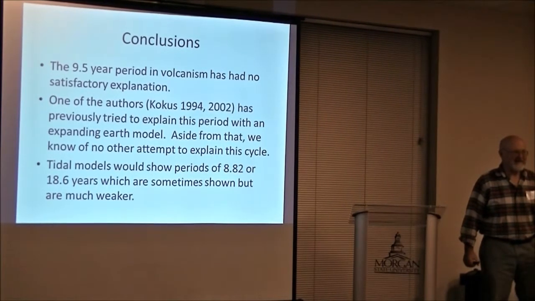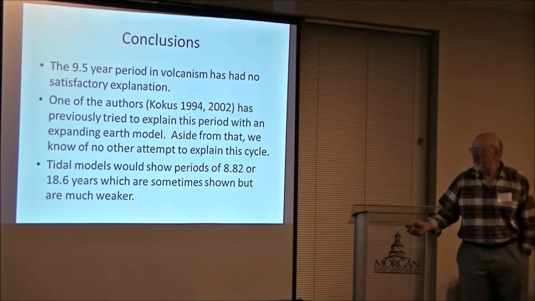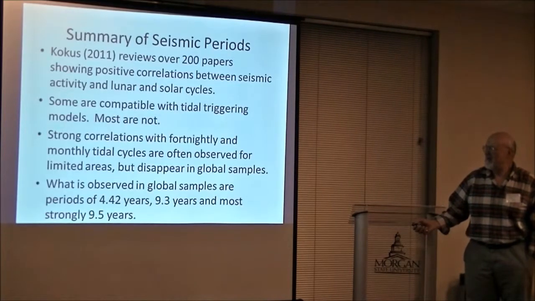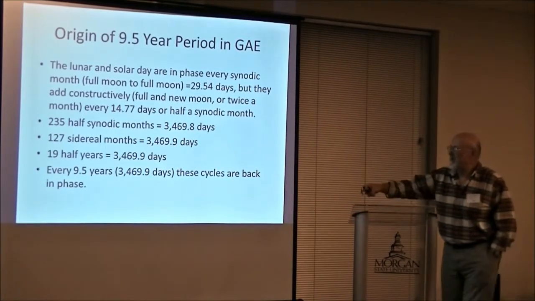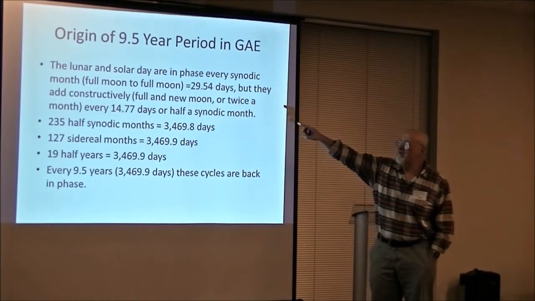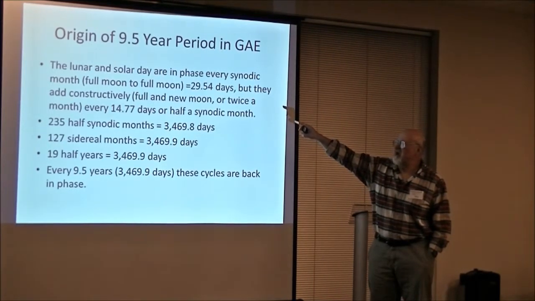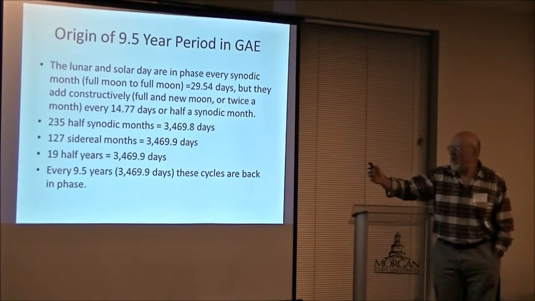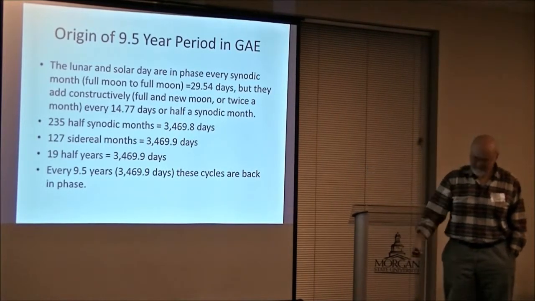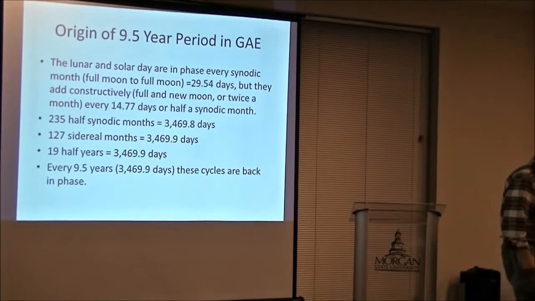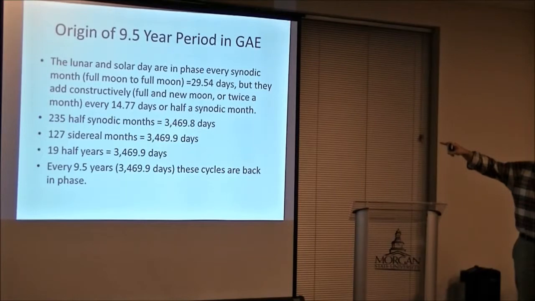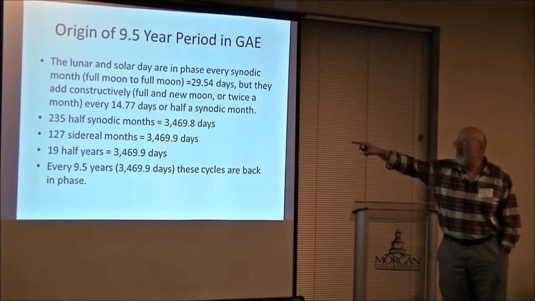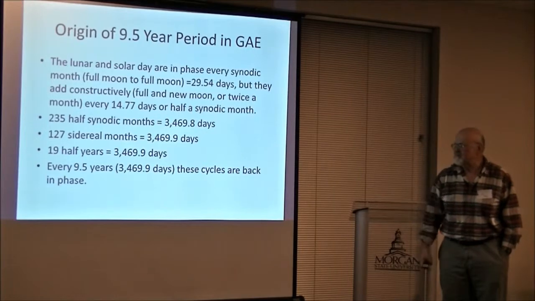So, what does 9.5 years correspond to? If you look at the anomaly for both the lunar and solar day, they would add constructively twice every synodic month. They would have a period of 14.77 days.